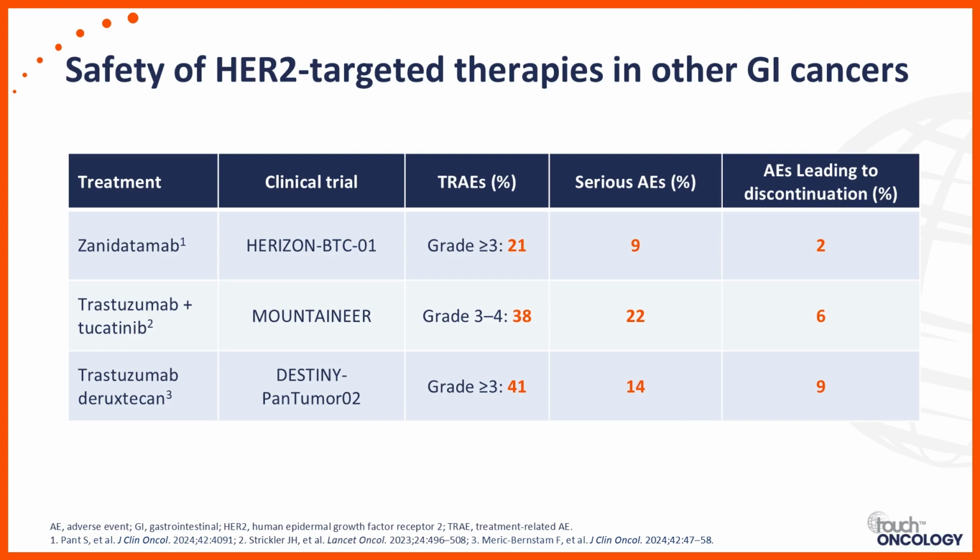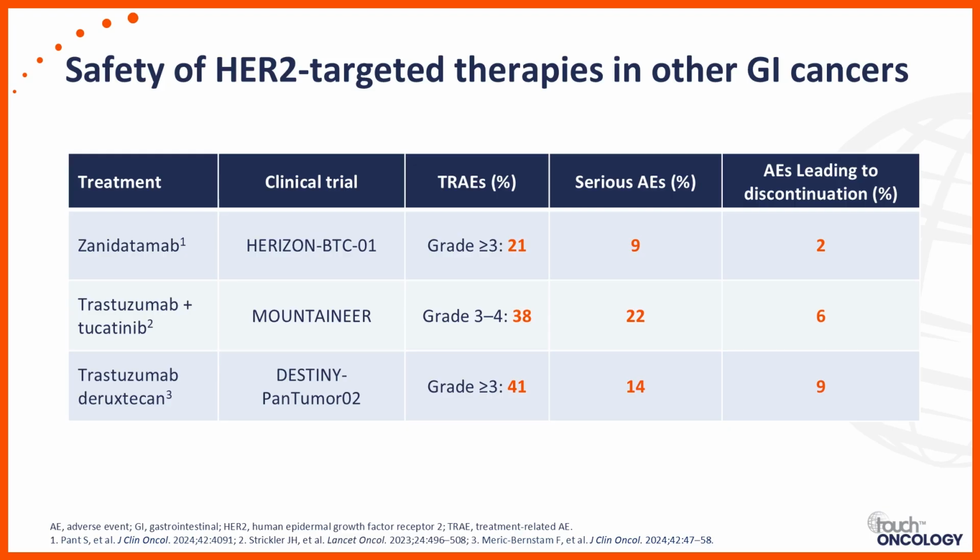Zanidatamab, a very interesting novel drug, a bispecific antibody, which has recently been approved by the FDA to treat patients with HER2-positive biliary tract cancer. Different from other HER2-targeted treatments, it seems that it has a much stronger rate to cause diarrhea. There is a strong immune reaction at the level of the gut.